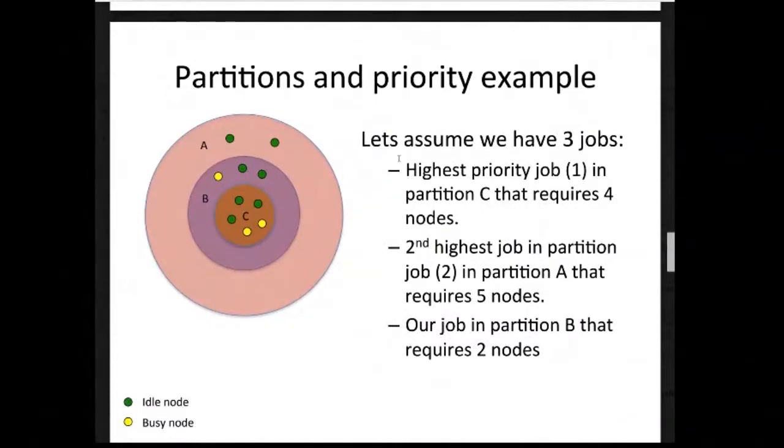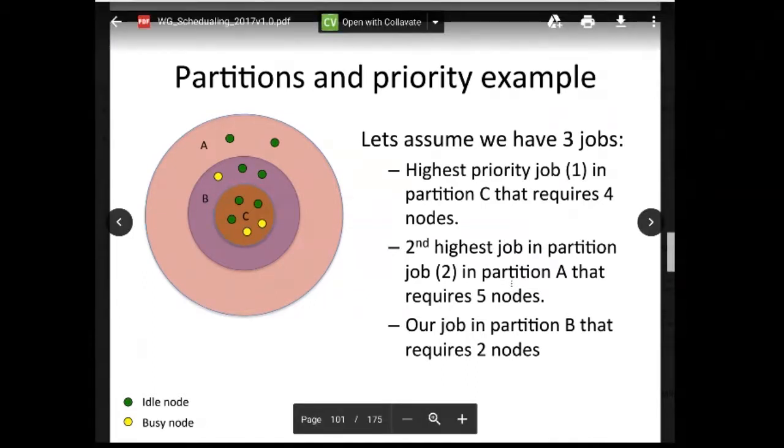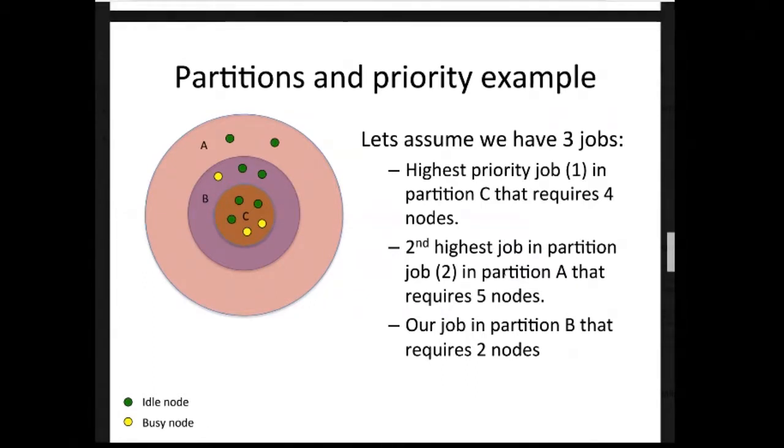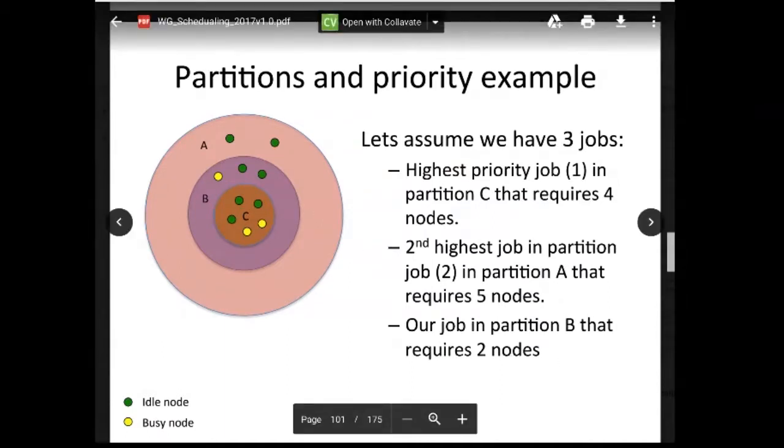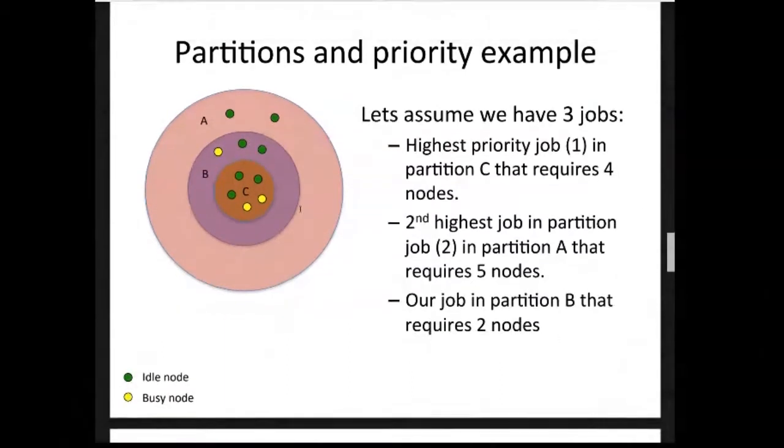Let's assume we have 3 jobs. The highest priority job, in partition C, requires 4 nodes. Now it can't run because there are only 3 empty. The second highest priority job, job 2 in partition A, requires 5 nodes. It can't run. And our job in partition B requires 2 nodes, so we could run.